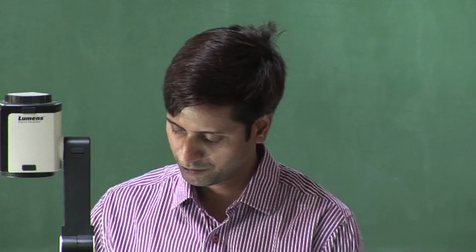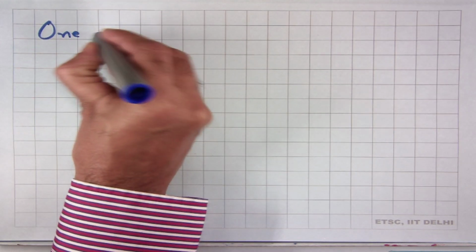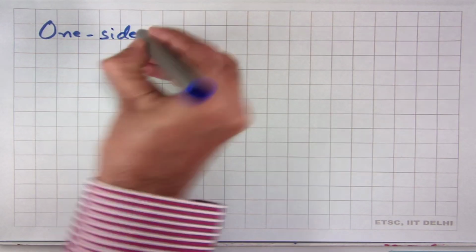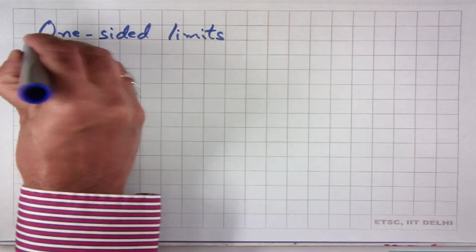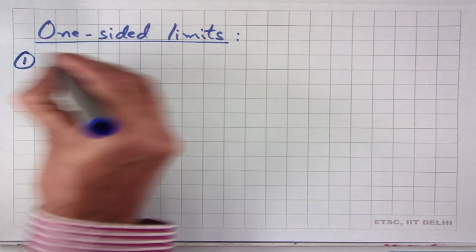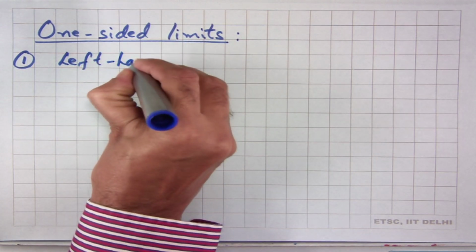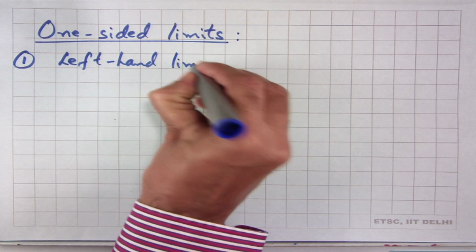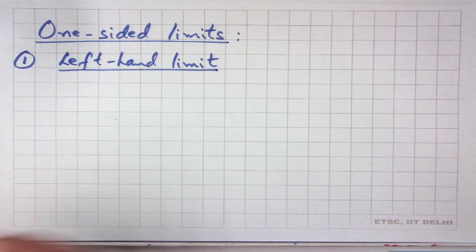So, there is also the concept of one-sided limits. Let me define one-sided limits. There are two: one is called the left hand limit and the second one is the right hand limit.